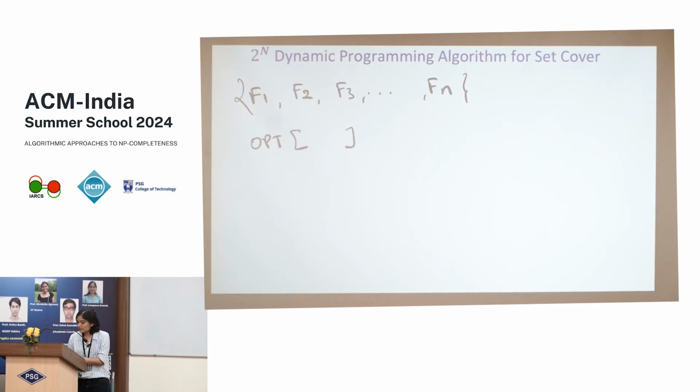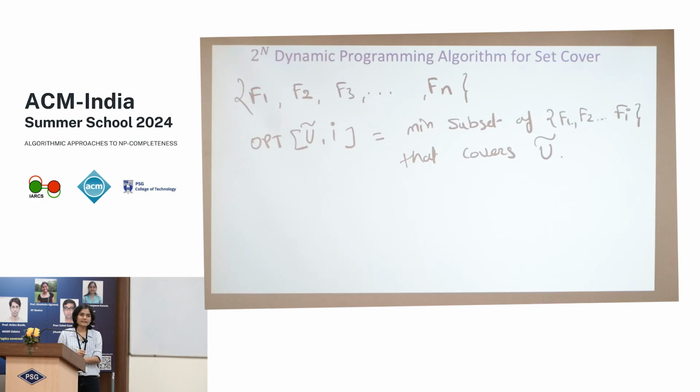It will store, for every subset of the universe and number i, the minimum subset of F1, F2, Fi that covers this subset. Okay, that's what we are trying to store in our table.